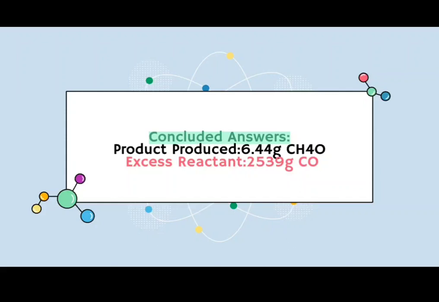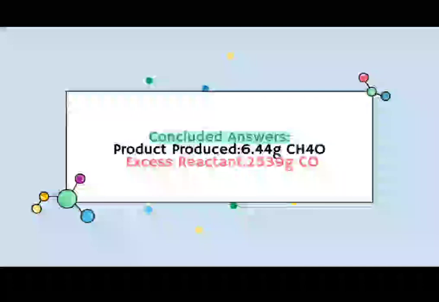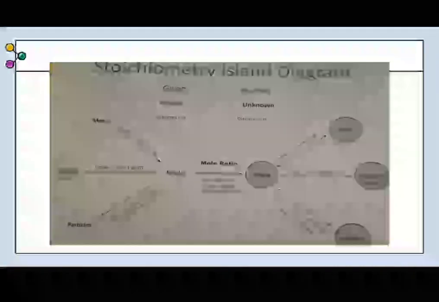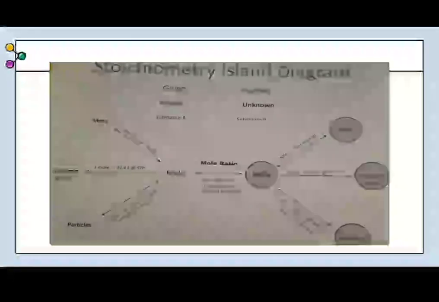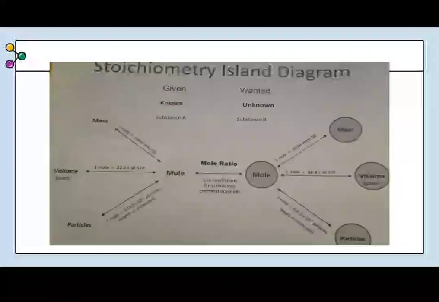We used all of it, and there's no excess, but there is excess of the carbon monoxide. And that is it on how to solve the stoichiometric problem, number 11 of the final project.